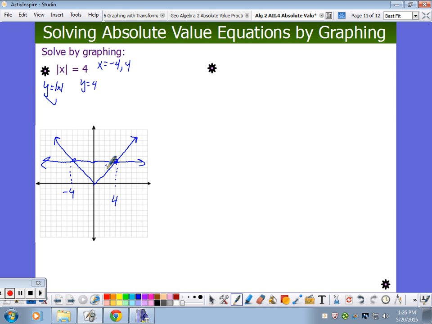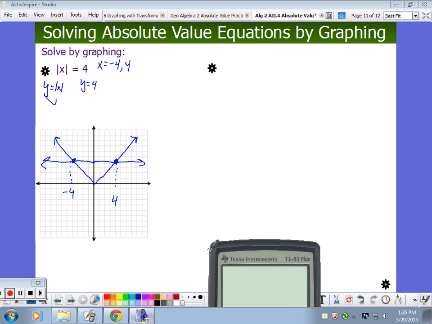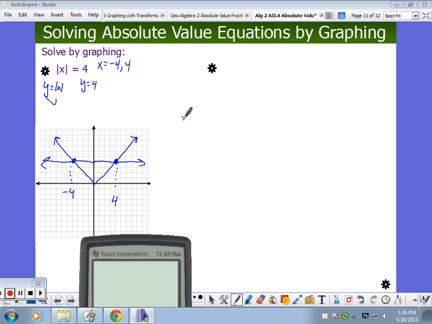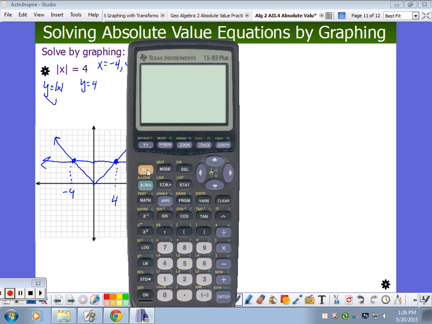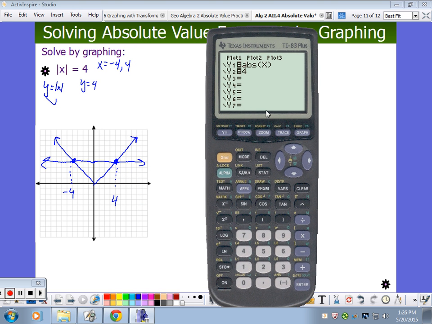So if you can find where these things intersect, then you can solve the equation. And it's a very visual way. Can I see that there are 2 solutions? You bet. You can use your calculator to help you with this as well. Actually, I'll do that on a different one. I did it for one of these last class. So this one here is y equals absolute x. That's this.